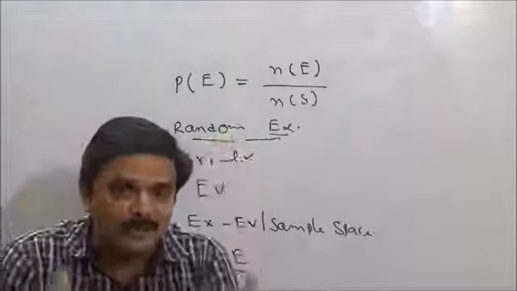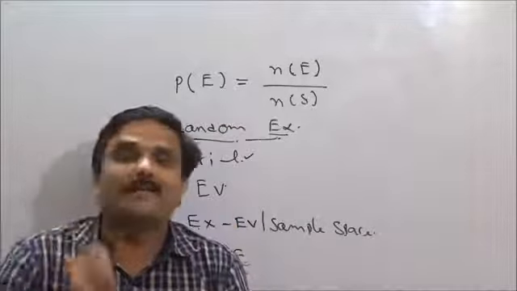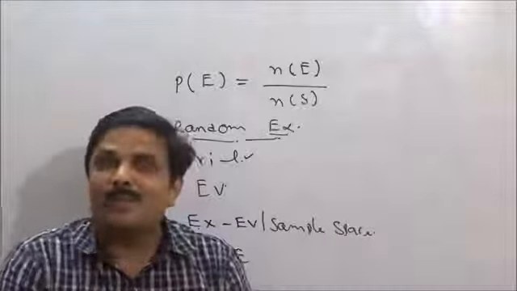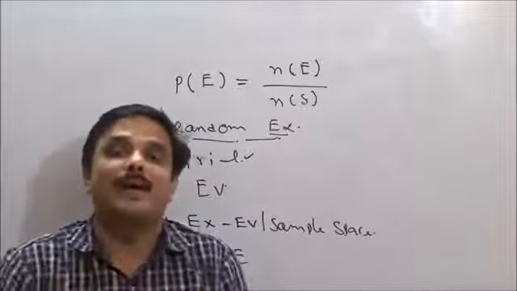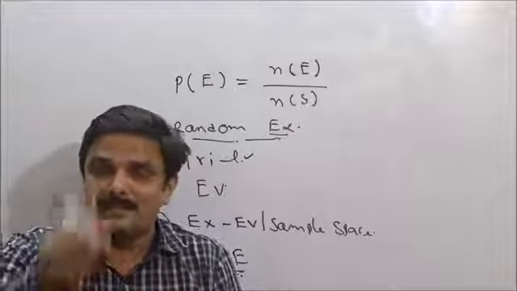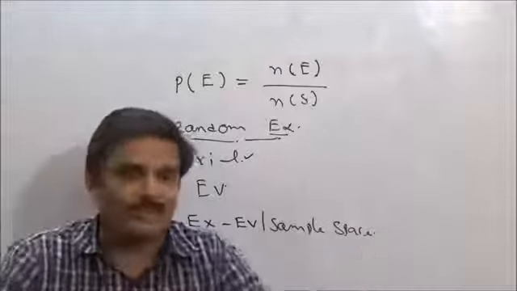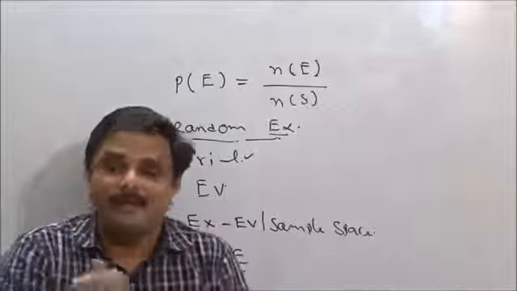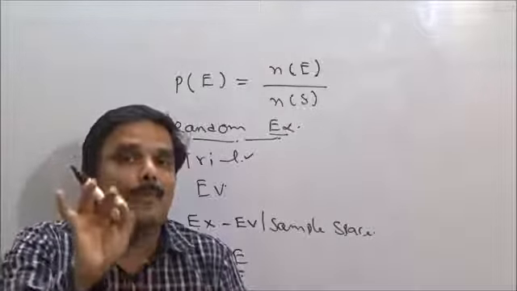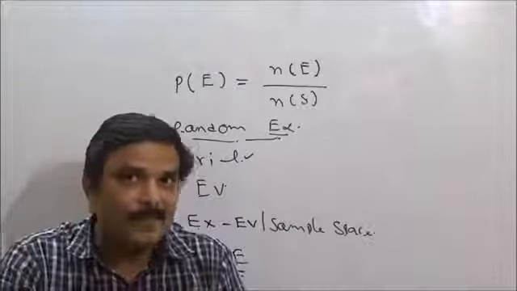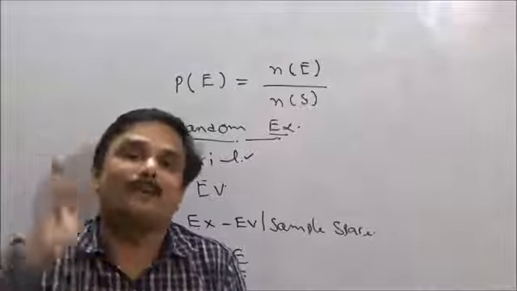The outcomes which we expect. For example, if you are performing one random experiment, a trial of throwing one unbiased dice having 1, 2, 3, 4, 5, 6 numbers, when you are throwing that dice, the question is, what is the probability of getting an odd number on the top?